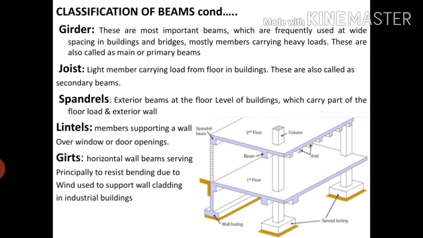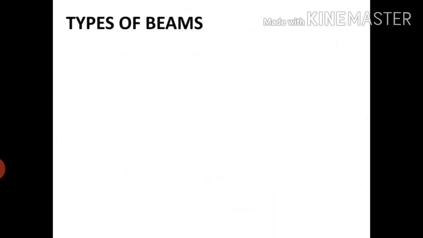Then the girts. So flexural members are also called girts: horizontal wall beams serving principally to resist bending due to wind, used to support wall cladding in industrial buildings. So this is generally provided in industrial buildings.